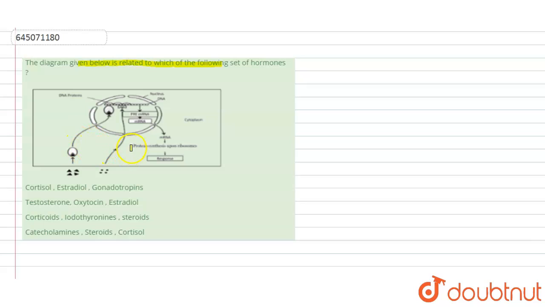So here we are giving a diagram. Here we can say that this is the cytoplasm, and here is the nucleus, and there is a hormone which has entered into the cytoplasm.